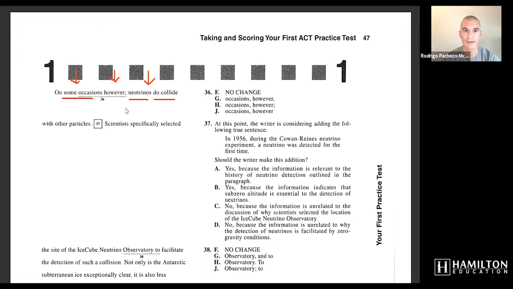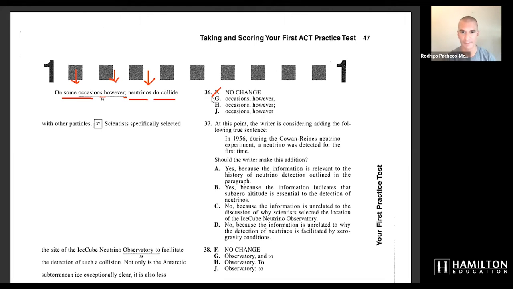So we've identified however as an interjection. And what is the rule here? Interjections have to be framed in between commas. Sometimes we might use dashes, but it's much more common to use commas when we are framing interjections. Well, we know that F, no change, gives us no punctuation before our interjection, and we have a semicolon after. So that's not going to work.